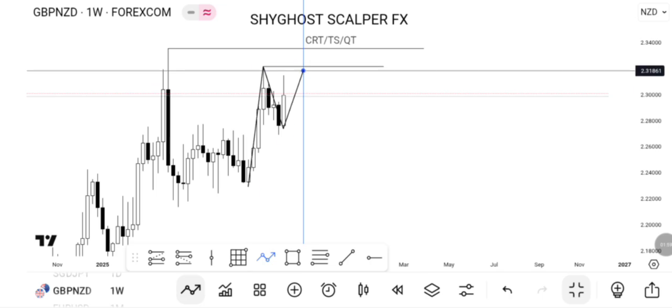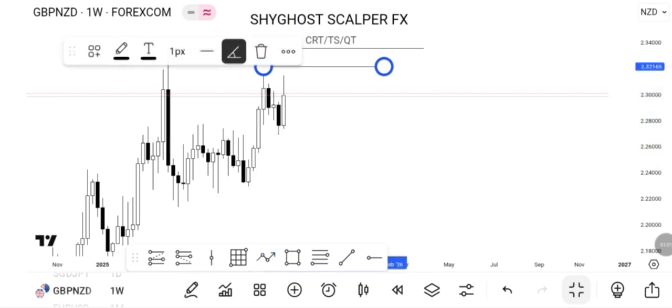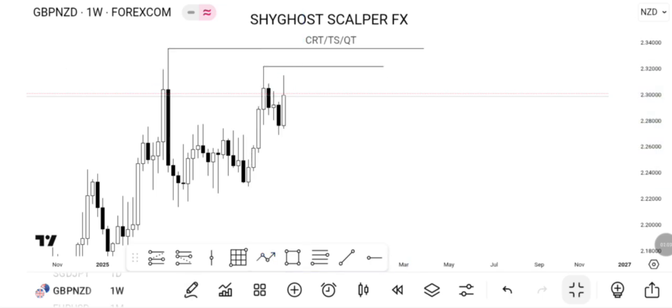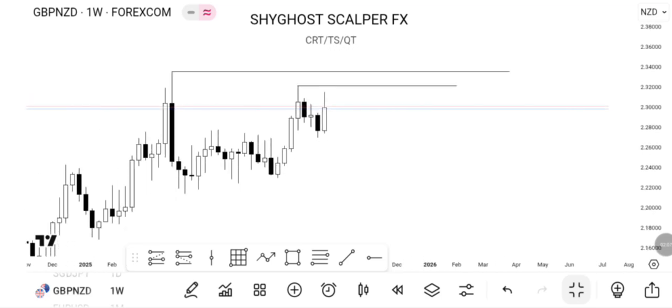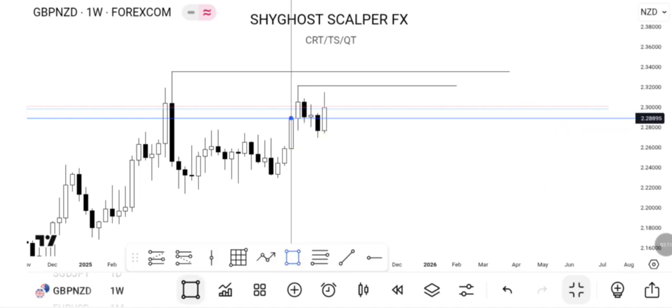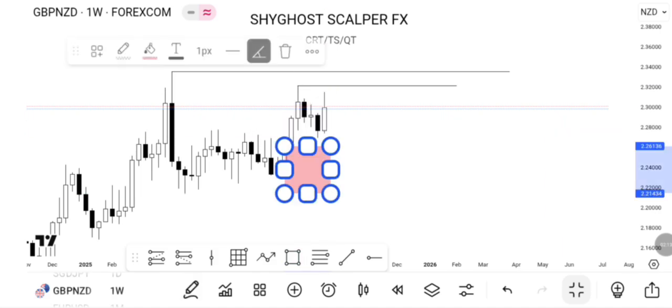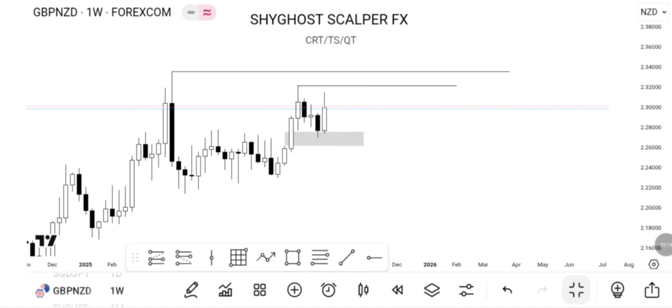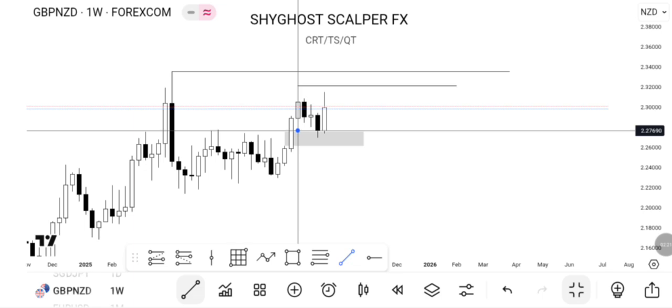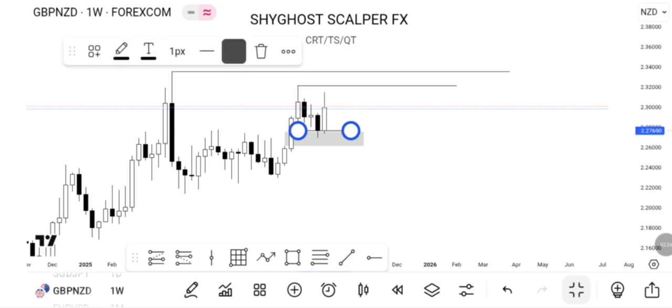When we are using market profiles, we are targeting this level. Now we are building our narrative. If we look left, we see that this tested this FVG here as our key level, and it swept liquidity here.